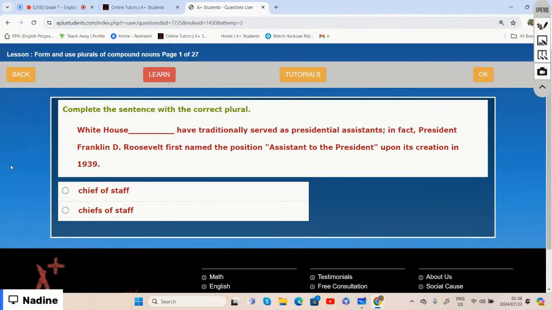So if we look at that specific sentence, right, which one is the correct plural? Is it chief of staff or chiefs of staff?